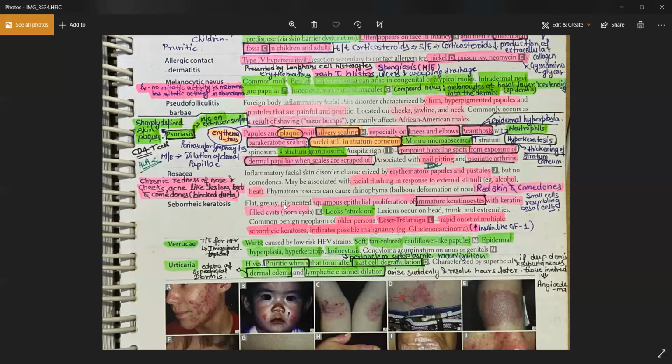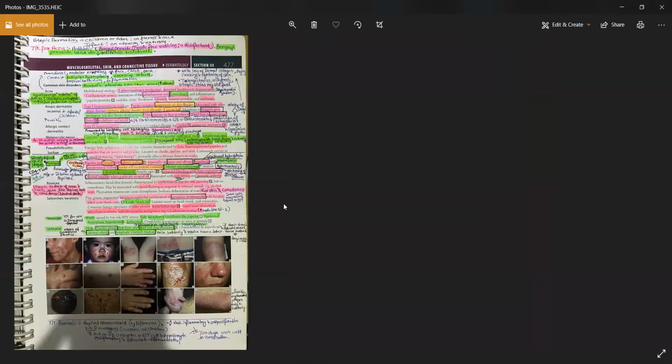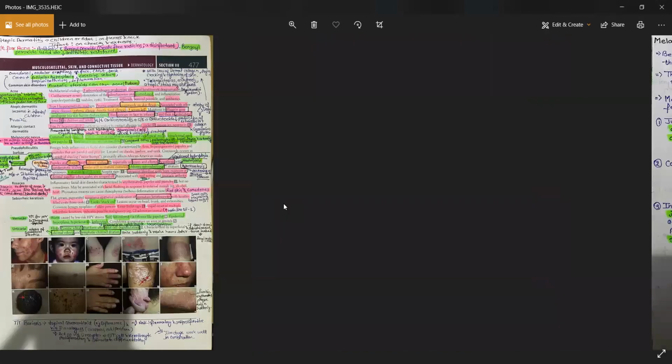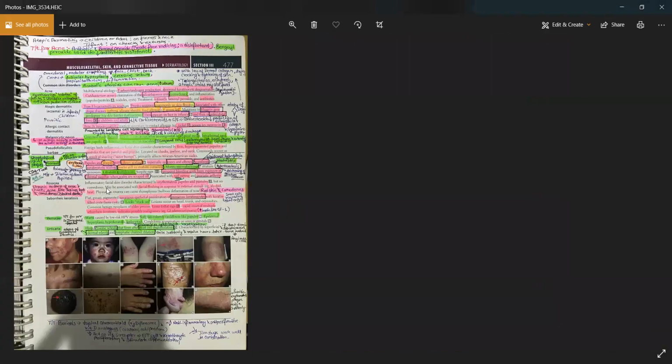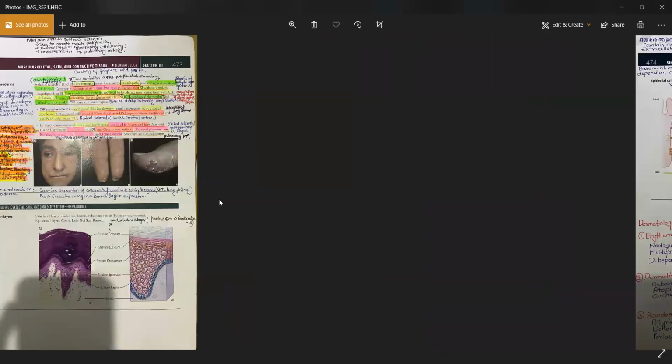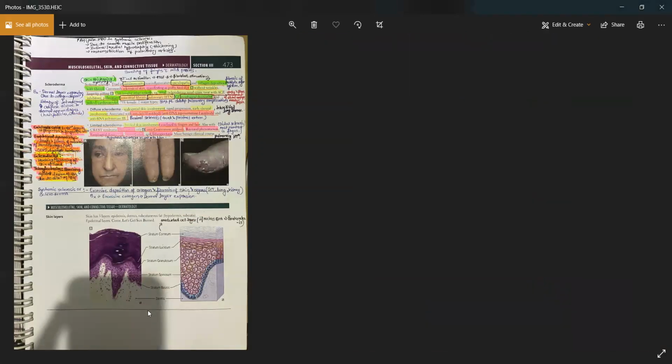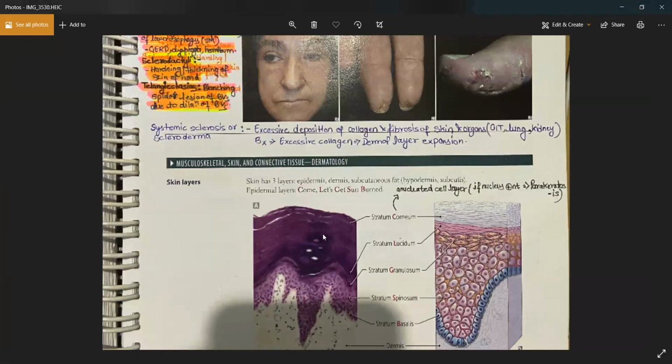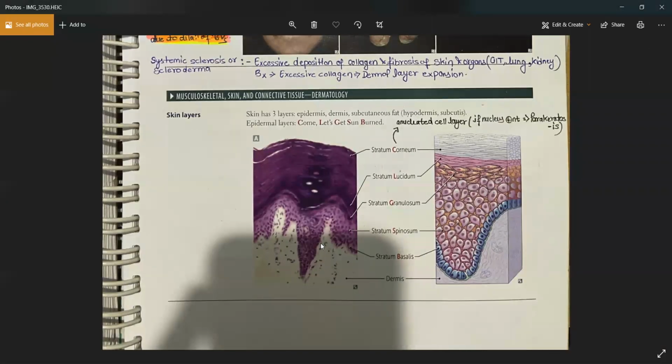So if you guys go back, if you look on the stratum basalis, you are having these kind of tips, these kind of structures in the dermis, and these are known as the rete ridges.